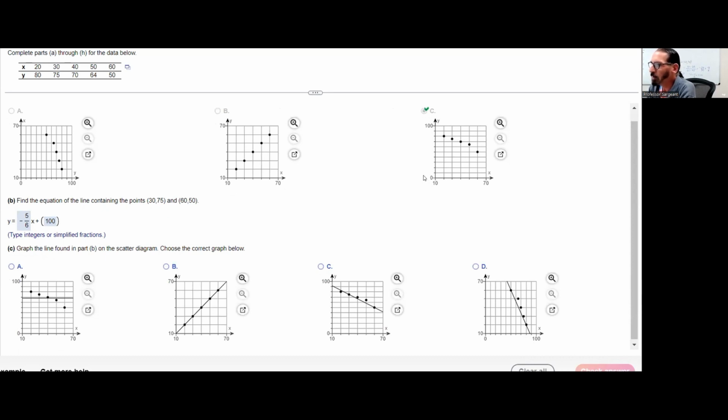I'm hoping that this is going to look similar in terms of the labeling of the axes from 10 to 70 in the x direction and 0 to 100 in the y direction, of which only A and C have that, but we have a negative slope. It looks like we have a horizontal line showing in A, whereas in choice C, we have a line with a negative slope, and it's going through the second and fifth point.